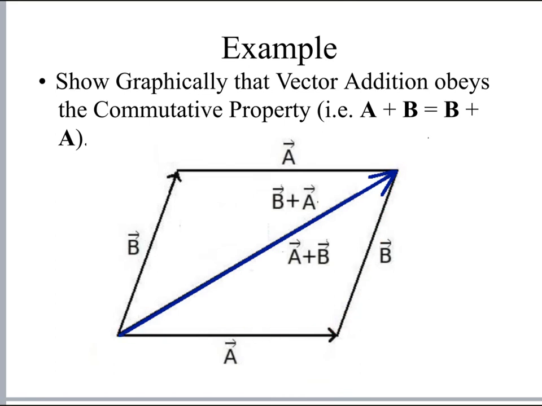And so if I draw this blue line here, that's going to be the vector sum A and B, because this is the second vector, this is the first vector, I've got them connected tail to tip.